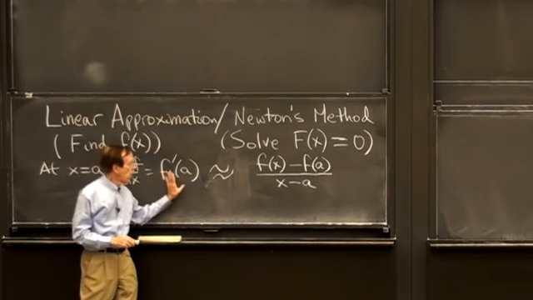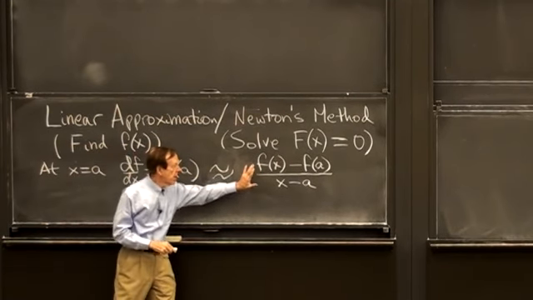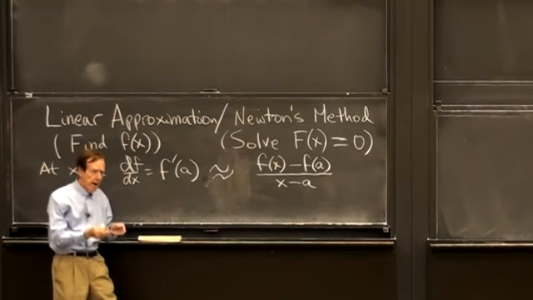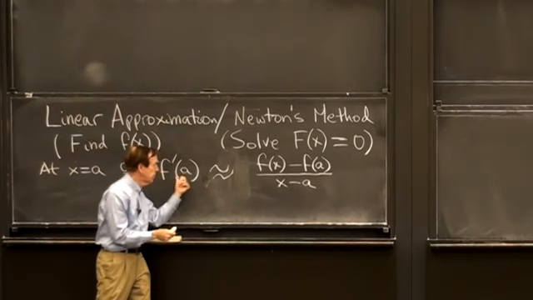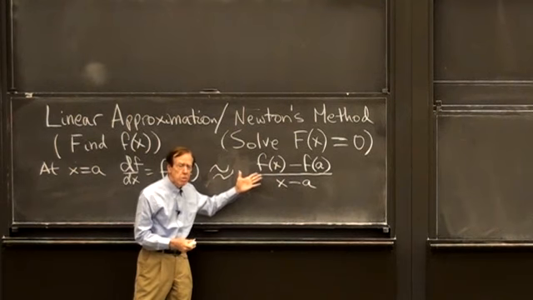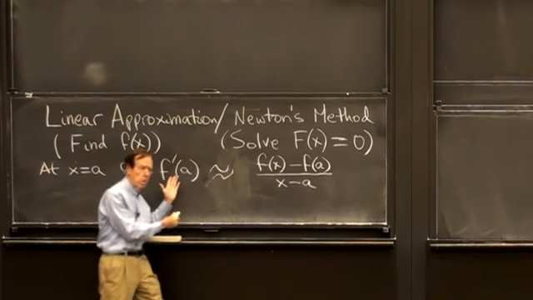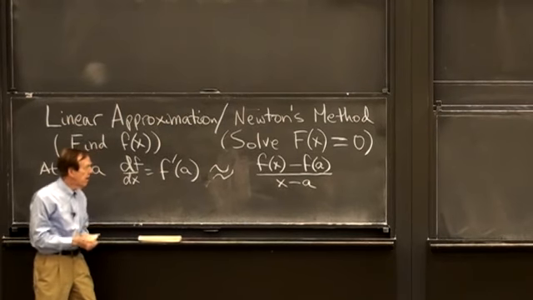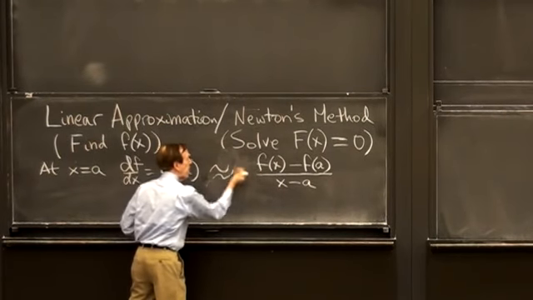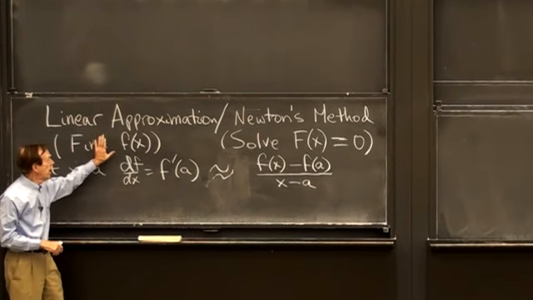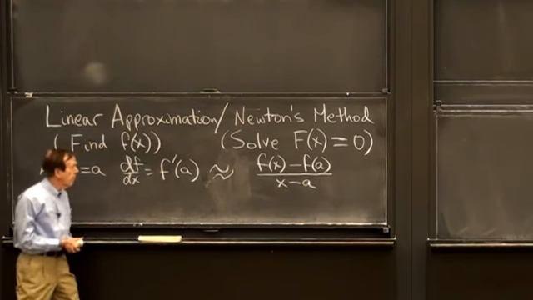So this delta f over delta x is not the same as df dx, but if x is close to a, this will normally be close to the correct slope, the instant slope at the point. I'm just going to use this approximation to find a good approximation for f of x.